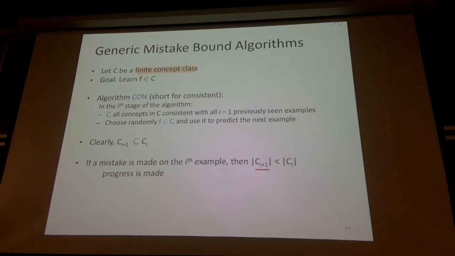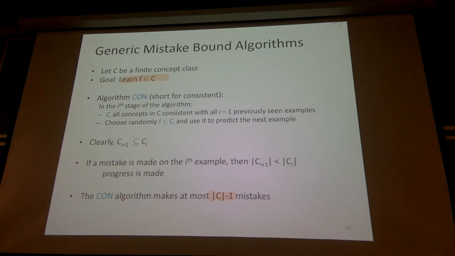The number of consistent functions keeps reducing every time a mistake is made, but we know that the true function is in C, which means there must be at least one function that is consistent with every example. It is the true function, which means we will end up removing at most all functions but f. So learning is done when we remove everything but f. We have one thing left. So the number of mistakes this makes is on the order of the size of the concept class.